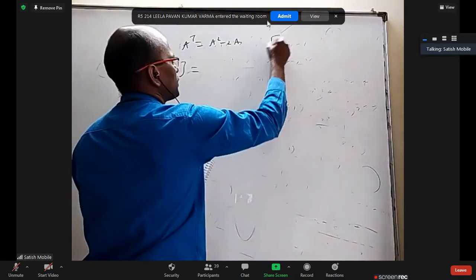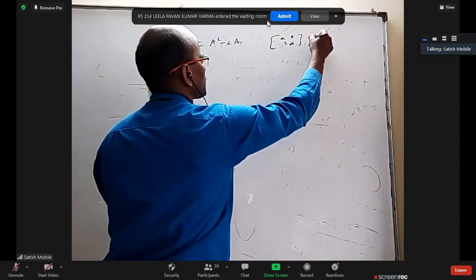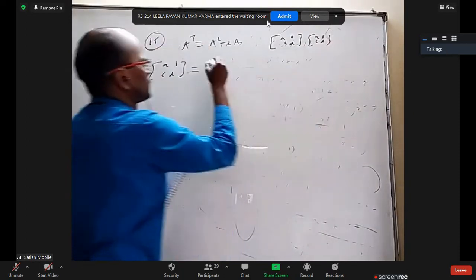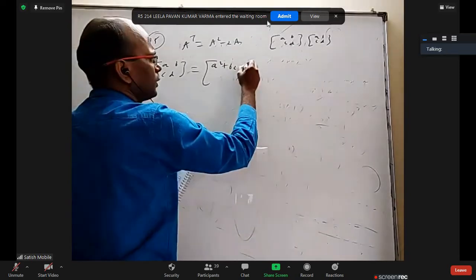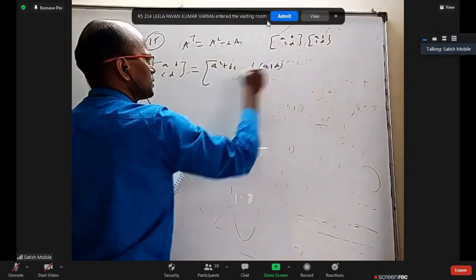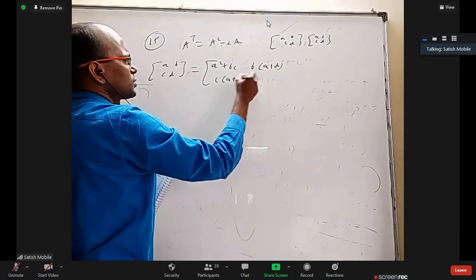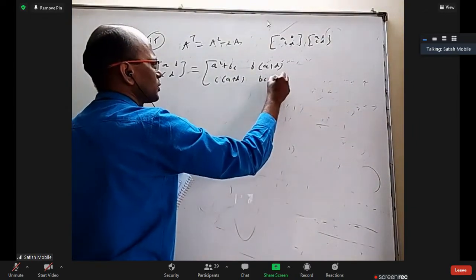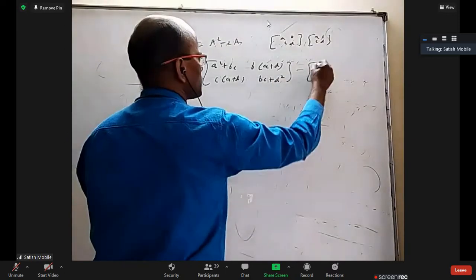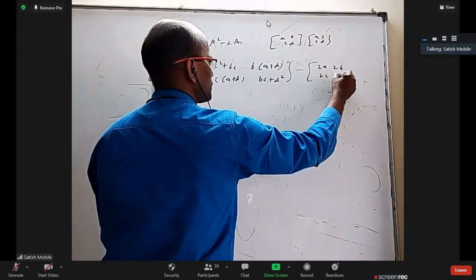A square, when you take ABCD and again ABCD, it will come A square plus BC, plus B times A plus D, plus C times A plus D, and BC plus D square. Minus 2A is 2A, 2B, 2C, 2D.